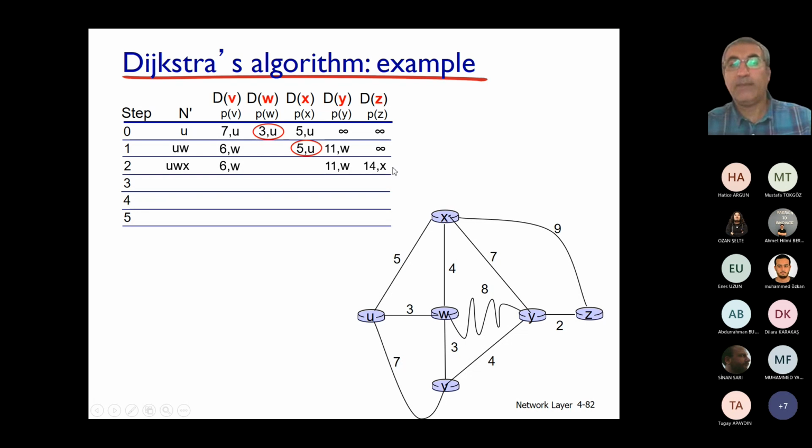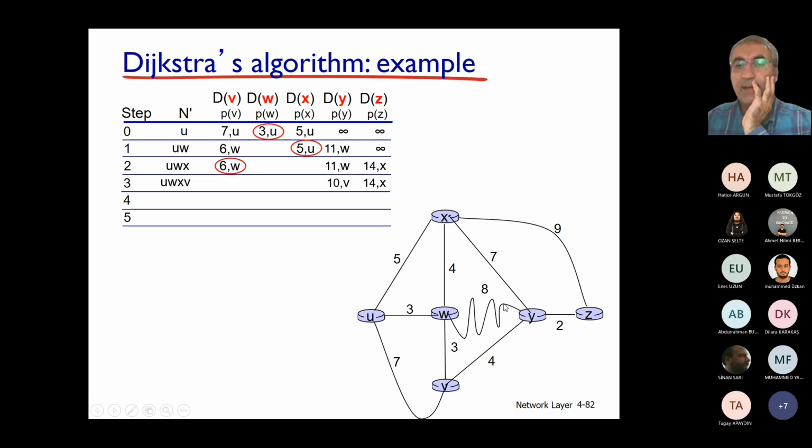Now we have 6, 11, 14, and we select the minimum cost, which is v, right? So we add the v to the path, in other words, to the N prime set. Now we're left with two nodes. One of them is the y, the other is z.